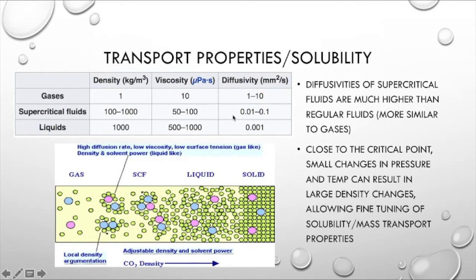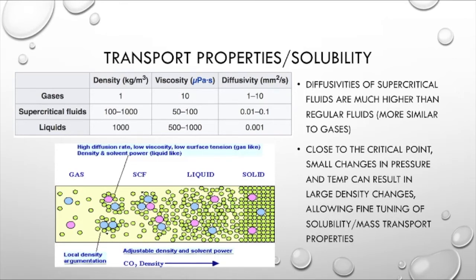So being able to have this diffusivity increase is a huge advantage. The diagram down here shows this molecular solubility difference, as a gradient from solid to gas. Really take note of how the supercritical fluid is between liquid and gas, with adjustable density and solvent power.